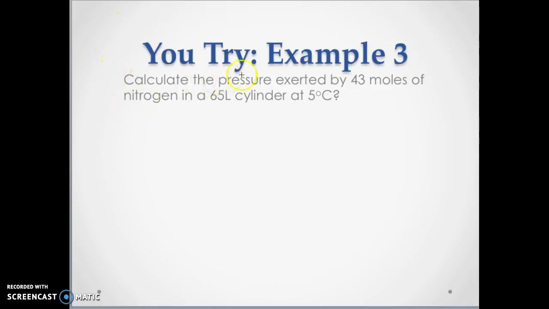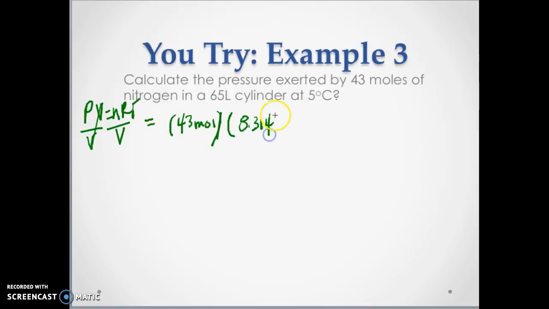For this one, it says calculate the pressure, and we write our PV equals nRT equation, and we want the pressure, so we get rid of the volume that's next to it by using math. Now we're going to plug in for n, and it's 43 moles. The R depends. Which one do you want to use? Let's say we use this one, 8.314 liters times kilopascals over mole Kelvin.